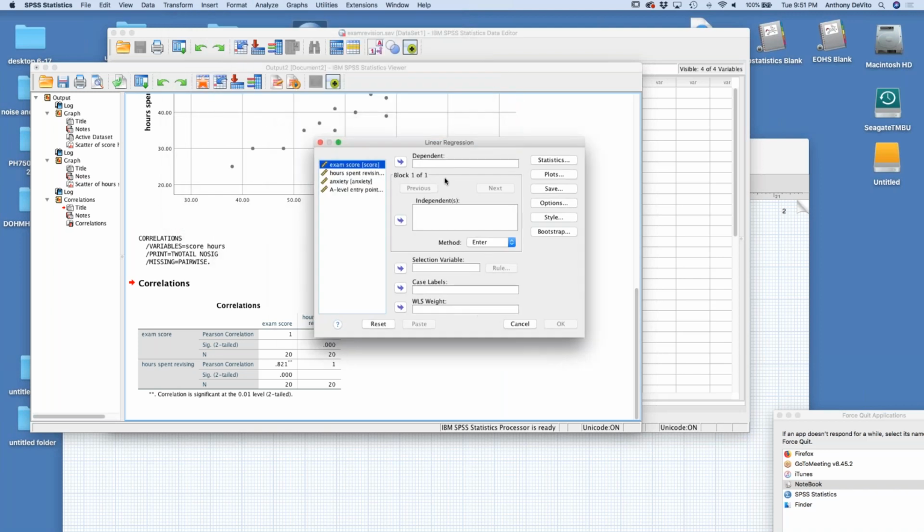Except this time, it matters which one we call the x-axis and which one we call the y-axis. So the x-axis is the independent variable, and the y-axis is the dependent variable. In other words, one is the predictive variable, and based on changes in it, we expect it to predict the other variable.